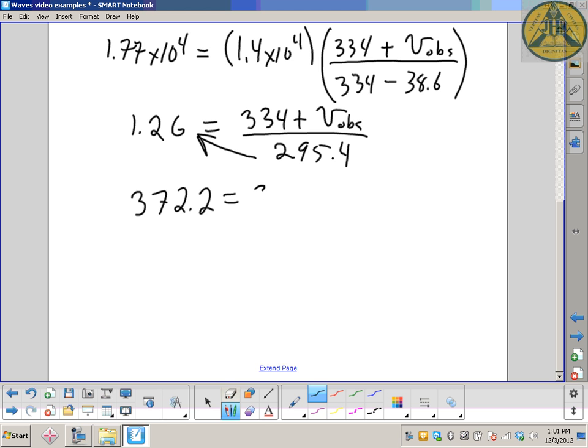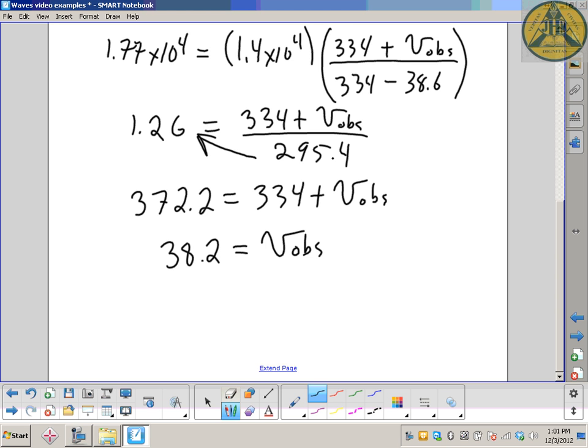372.2 equals 334 plus my observer's velocity. Again, I multiplied 1.26 by 295.4. Now I subtract the 334 from both sides, and I'm almost done. 38.2 equals the observer's velocity.